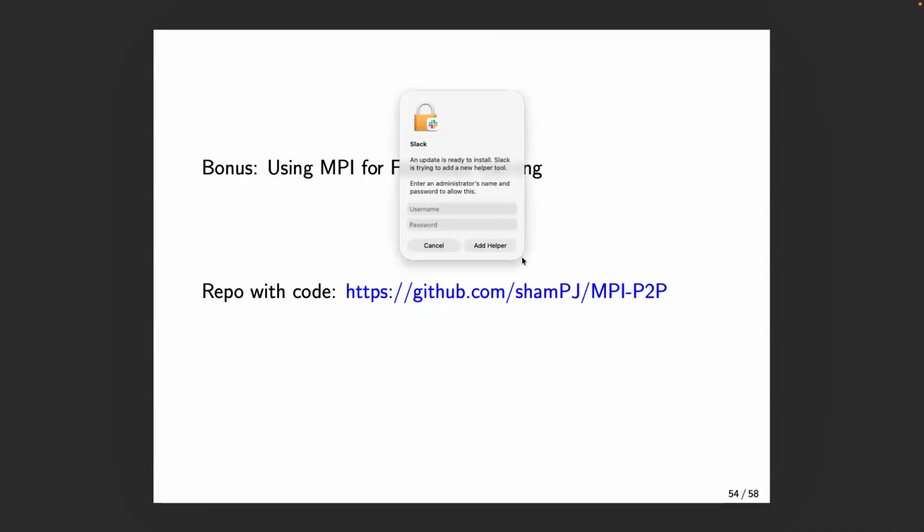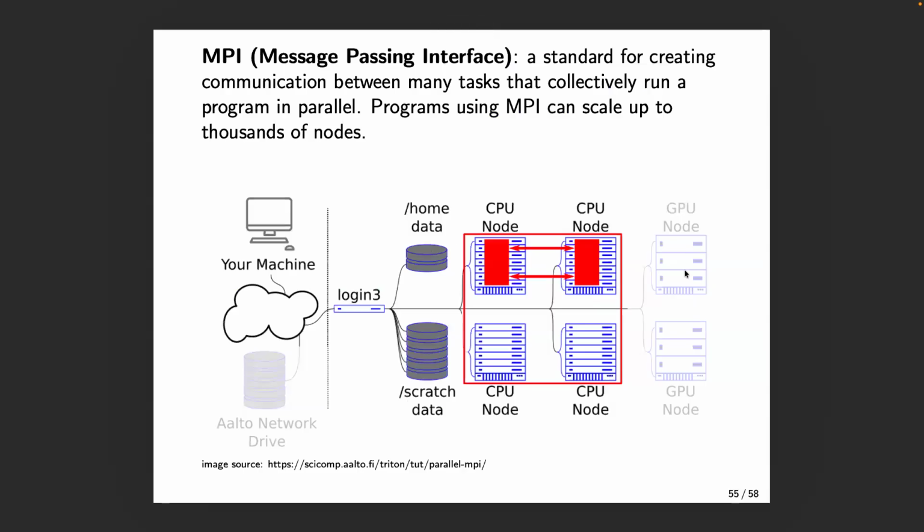And one of the interesting ways is to use MPI, or message passing interface. MPI is the standard for creating communication between many tasks, or you can say between computing nodes or machines.